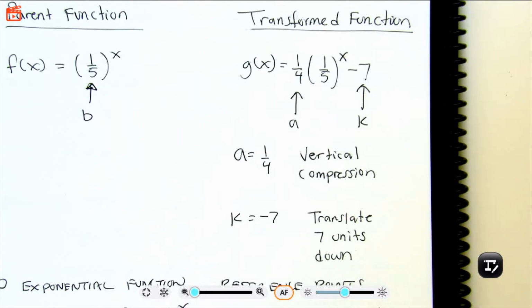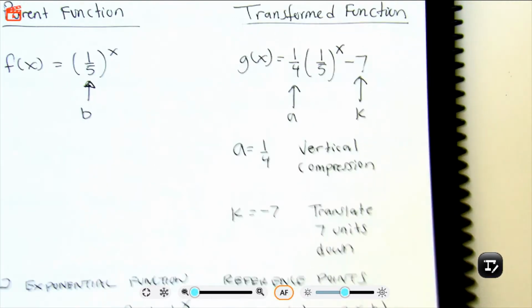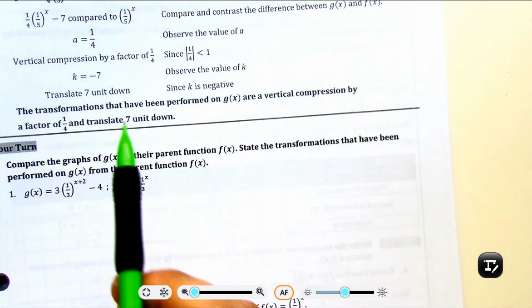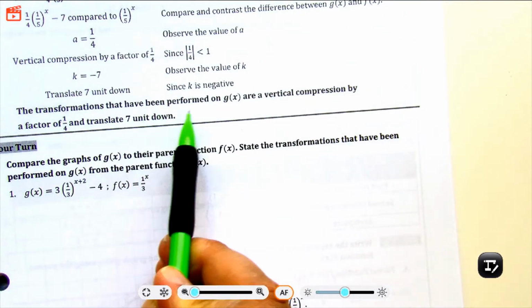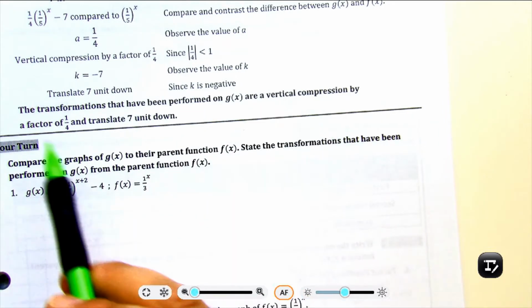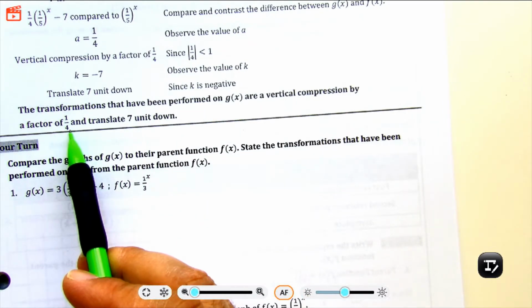So let's look at the statement that they wrote for this problem. The transformations that have been performed on g of x are a vertical compression by a factor of a fourth and translate 7 units down.